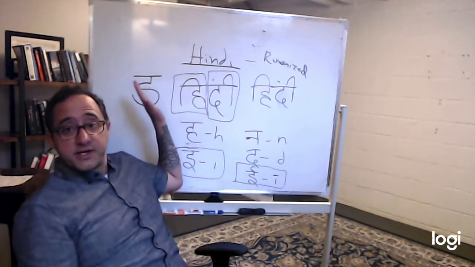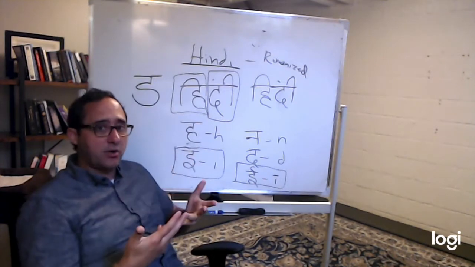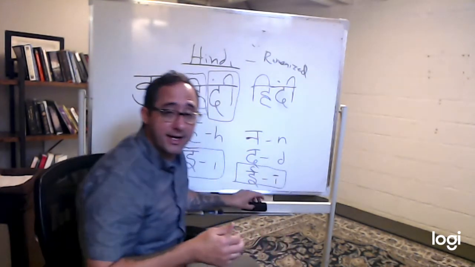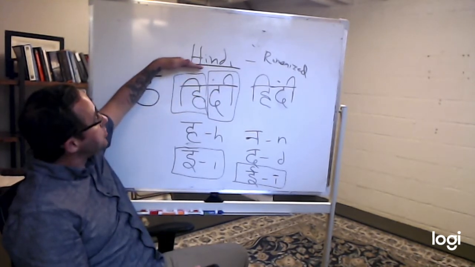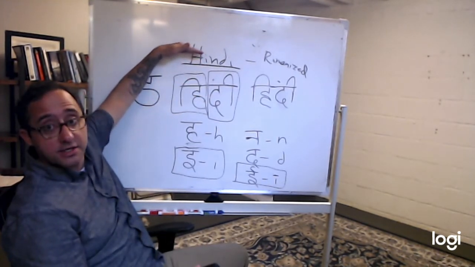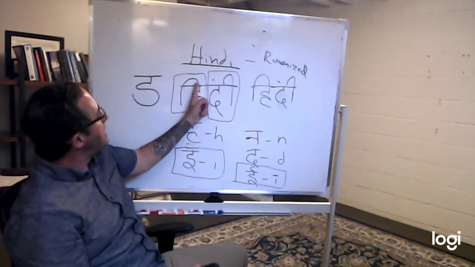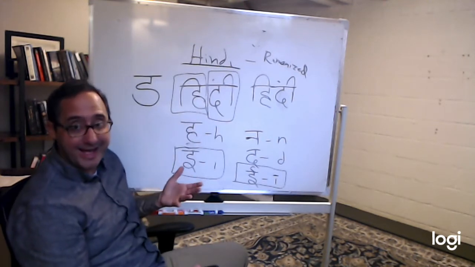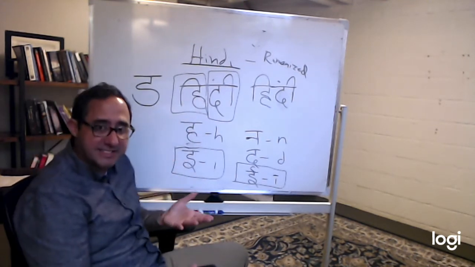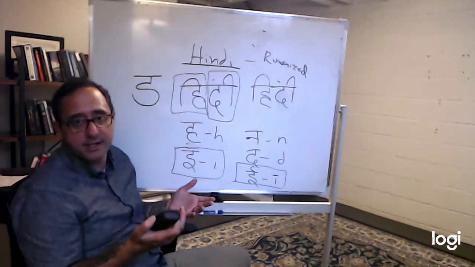So we went over the word Hindi to get an introduction to how the script works. Again, Devanagari words hang down from the line, whereas in Romanized words the letters are above the line. Above the line tends to be the vowel markers, and below tends to be the consonants, ka, ha, da.